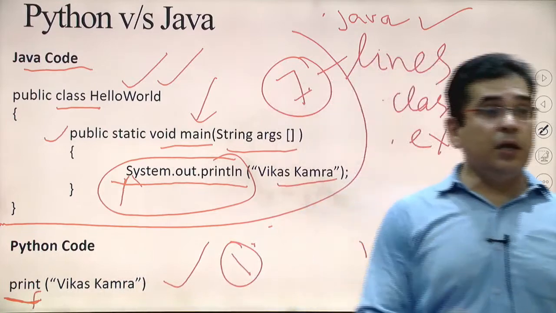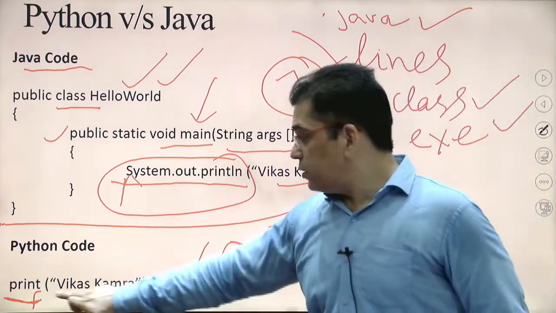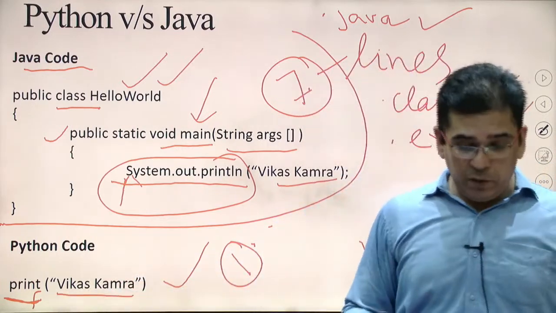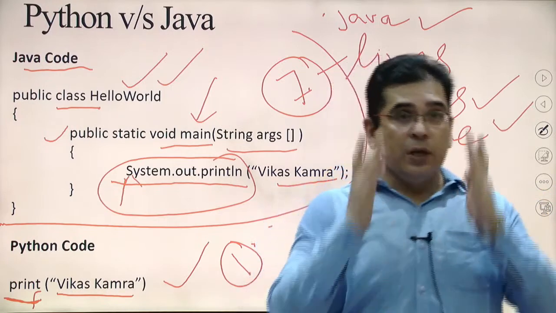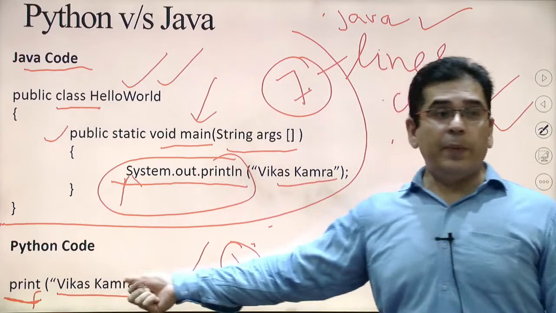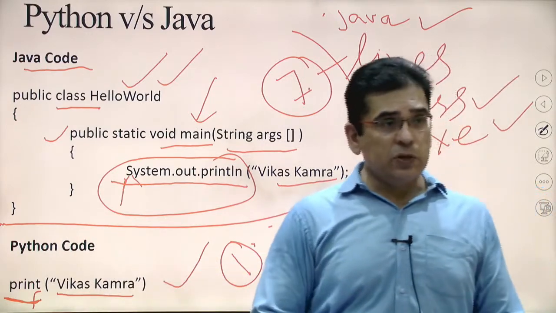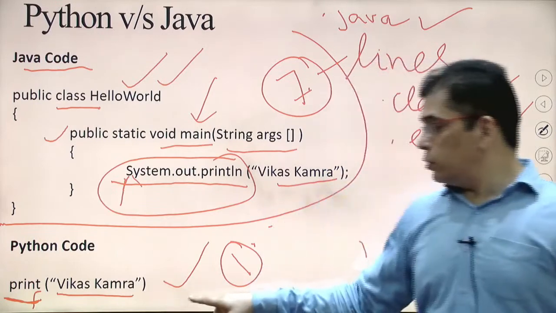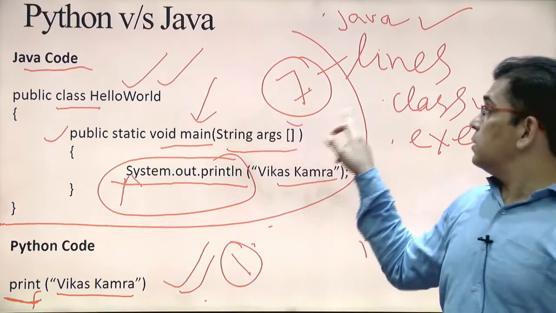It is an inbuilt function in Python, and within the brackets just type the string which you want to print on the screen. I just want to print my name, that is Vikas Kamra. So I simply wrote print and within the brackets, Vikas Kamra. So I have printed this on the screen using only one line, but Java required 7 lines.